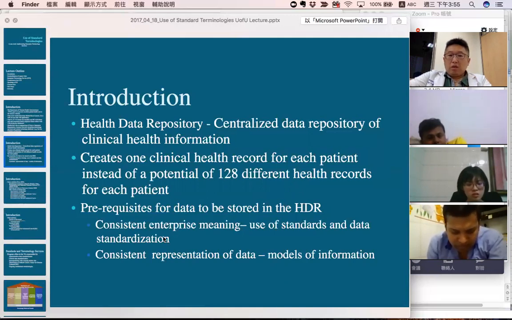That means the data need to be shared across the whole enterprise. So we know that standards become very important. Like I said previously, not only the semantic part but also the structure part, like the model, is important.